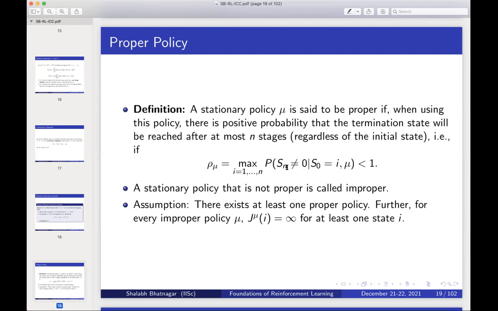What this is saying is that if you start off from any state, in at most n steps you should terminate with a positive probability. So there is still a probability of non-termination, and that probability is 1 minus that.